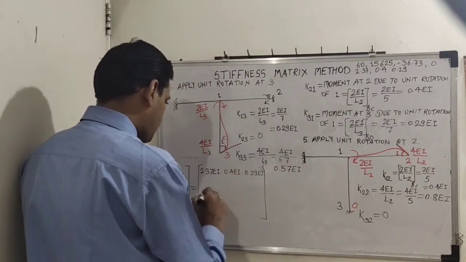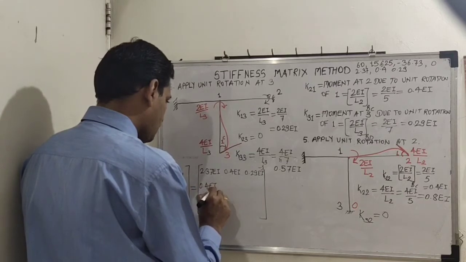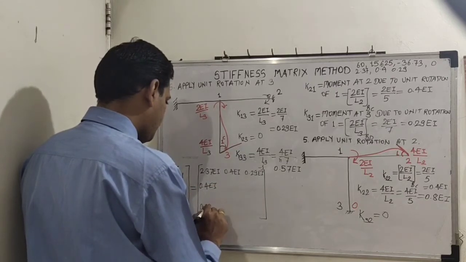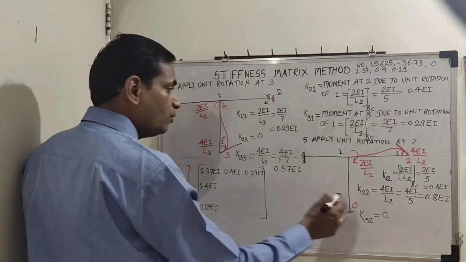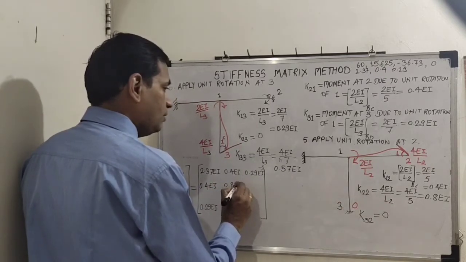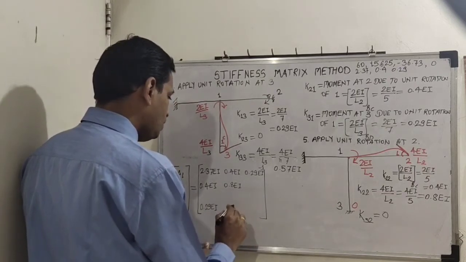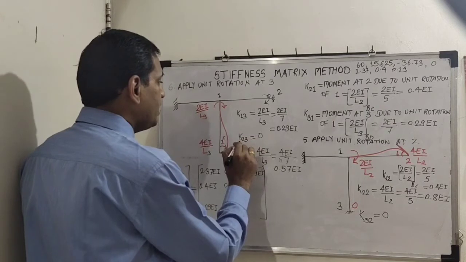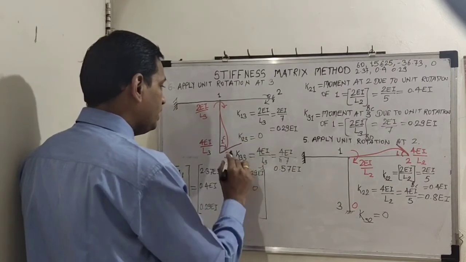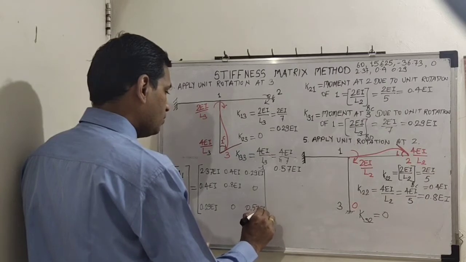So this will be vertical also: 0.4EI, then 0.29EI. Then K22 is 0.8EI, K32, third row second column, is 0, second row third column is 0, and then K33 is 0.57EI.